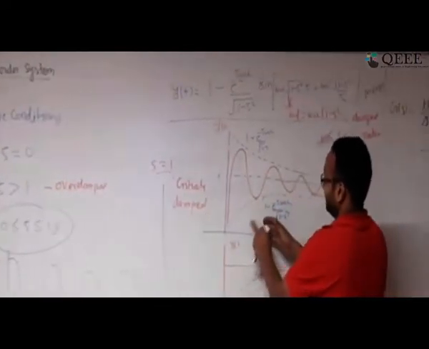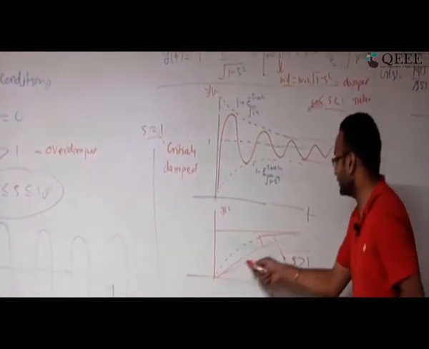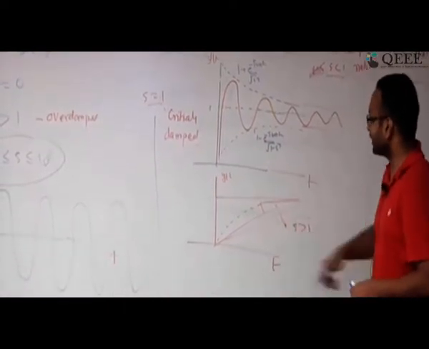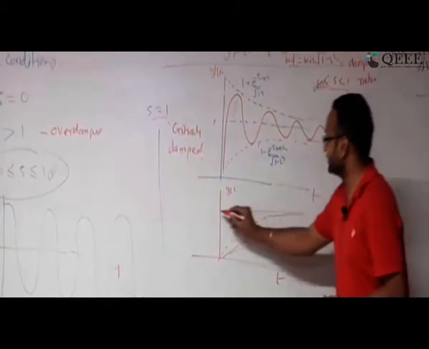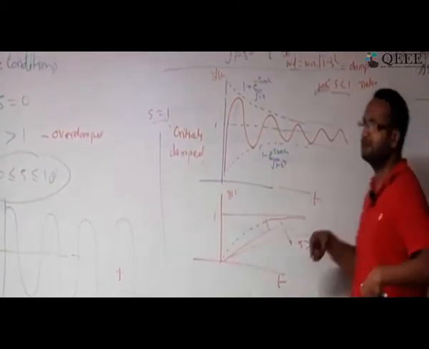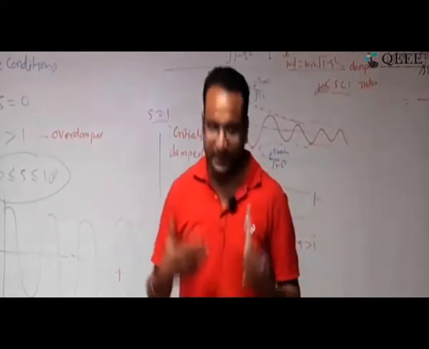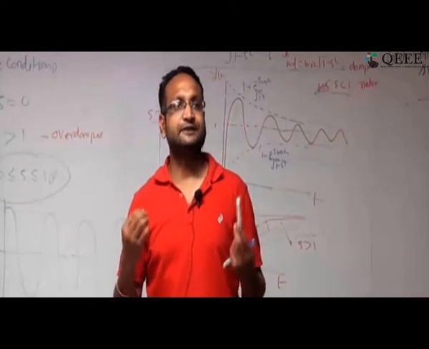And this is the over damped scenario. This is also not required, because if you keep on increasing it, this response will take a lot of time to reach the steady state value 1. Correct. As I mentioned, it will take a lot of time, and this will make your system slow or sluggish. So that is also not a desirable situation.